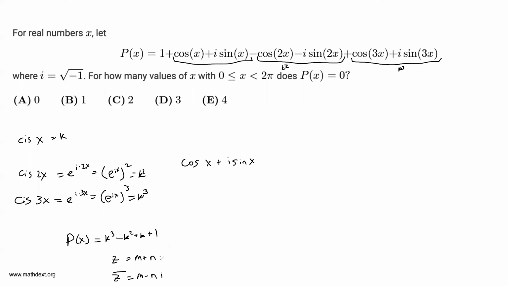So if m plus ni is a root, m minus ni is also a root because p of x has all real coefficients. So there are either 2 or 0 imaginary roots.